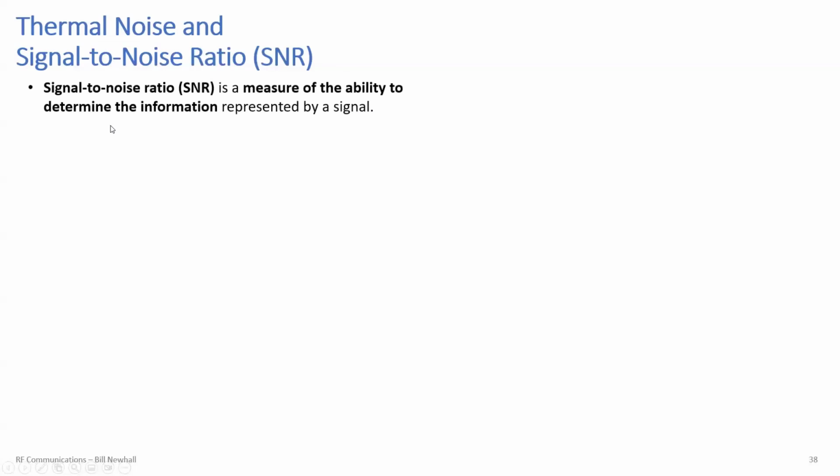Thermal noise is in every RF system, and signal to noise ratio is a metric that we use to estimate the quality of a communications link. Okay, so SNR is the measure of the ability to determine the information represented by the signal. So if you have an analog system and you're listening to voice, if you know the SNR, you can estimate what the voice quality is going to be out of the demodulator.